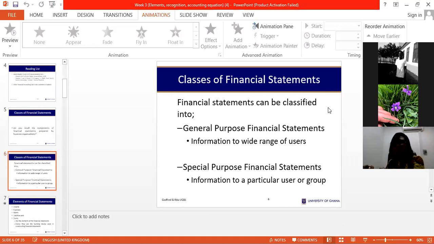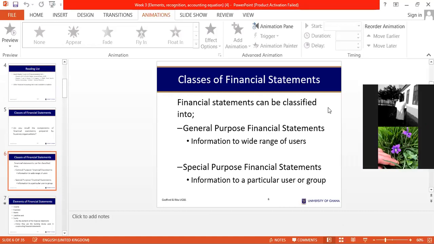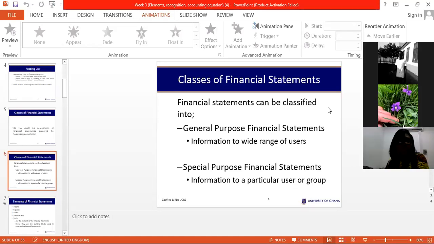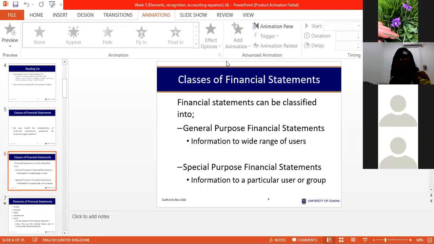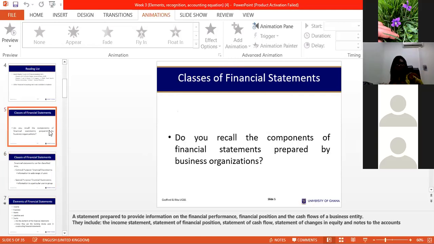And we have the income statement too, and the cash flow statement and notes to the account. Okay, so we have these ones, and there is statement of changes in equity. So thank you, Isaac. So that is the component of financial statement.